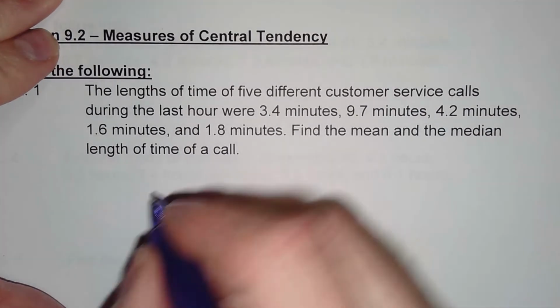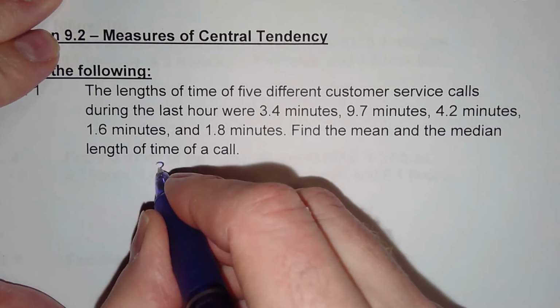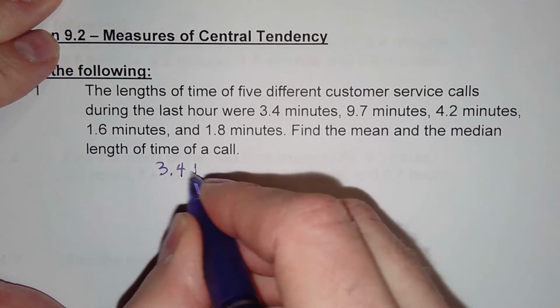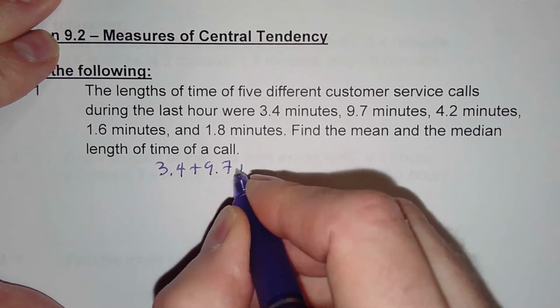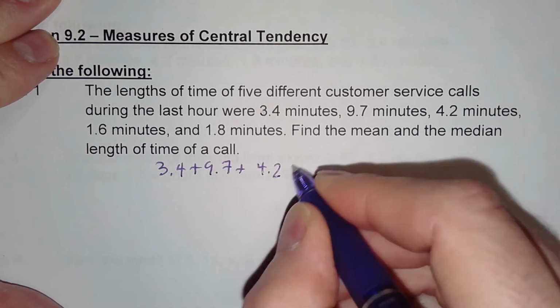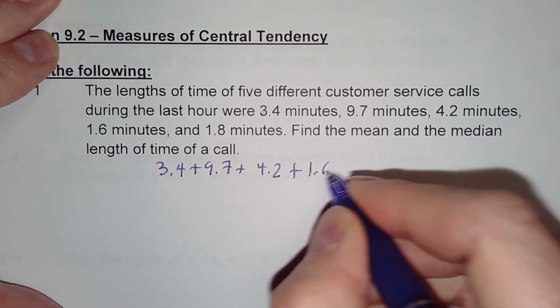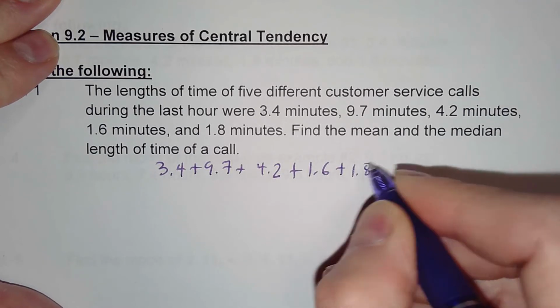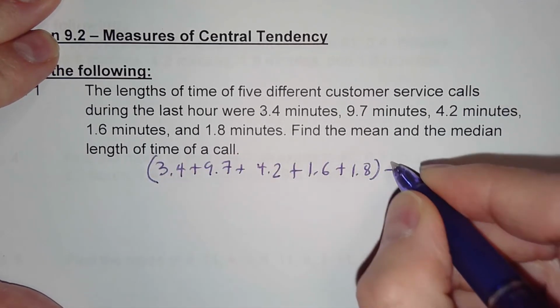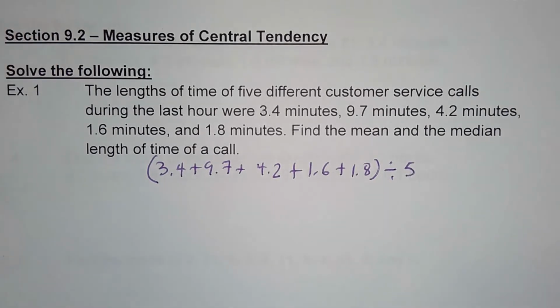Well, for the mean, we would just add these up. We would just take 3.4 plus 9.7 plus 4.2 plus 1.6 plus 1.8. Whatever that total is, we would divide by 5. And if you go ahead and add those 5 numbers up on your calculator, you should get 20.7.